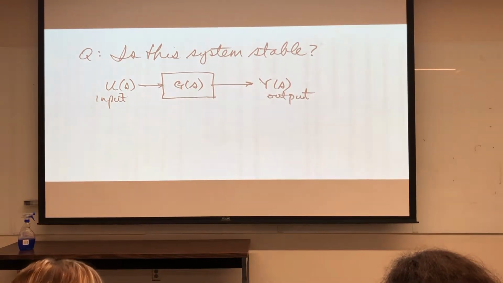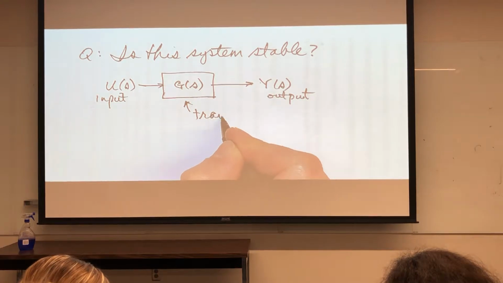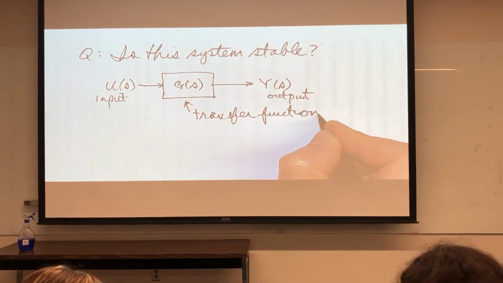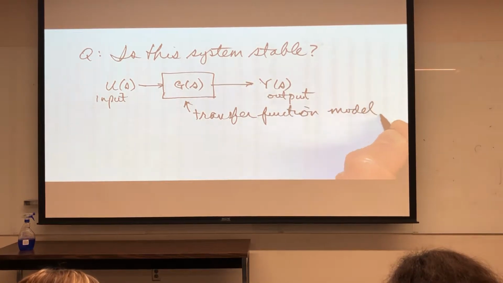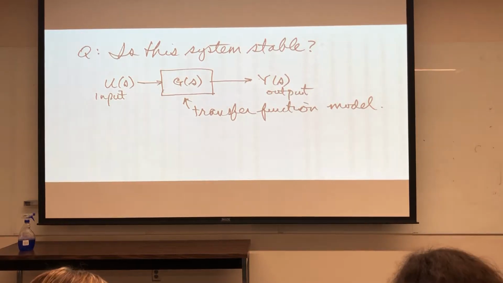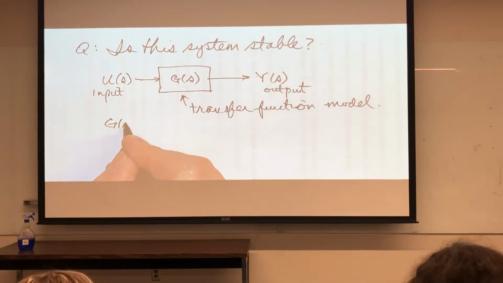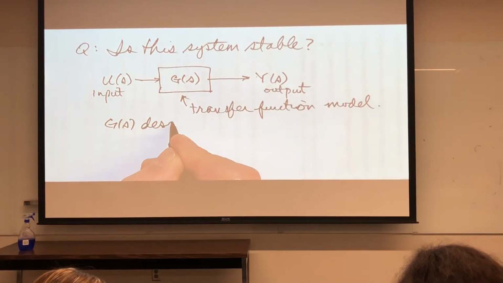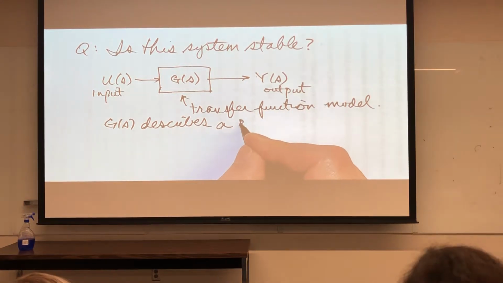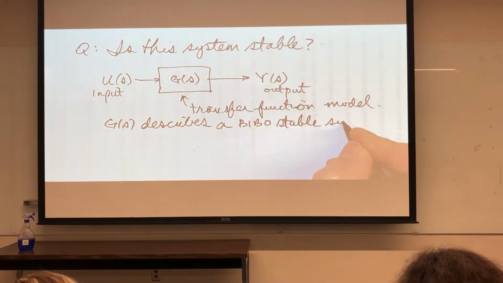And we have a model called the transfer function. And the thing that we know from system theory is that the system is stable if and only if something happens. So G of S describes a bounded input, bounded output, stable system.